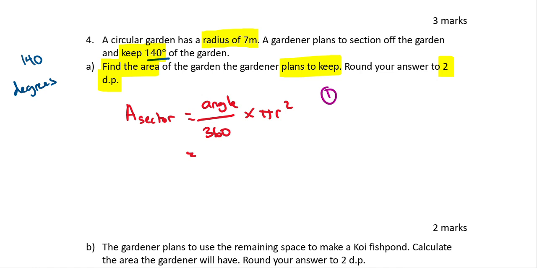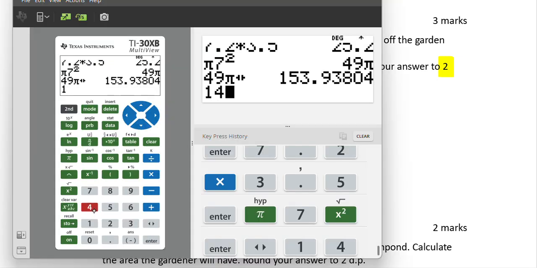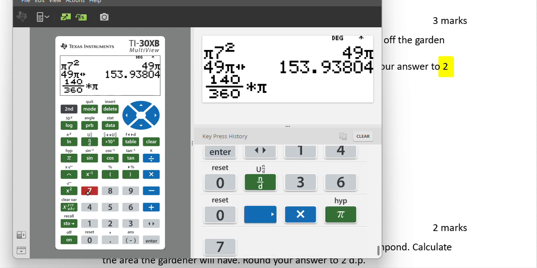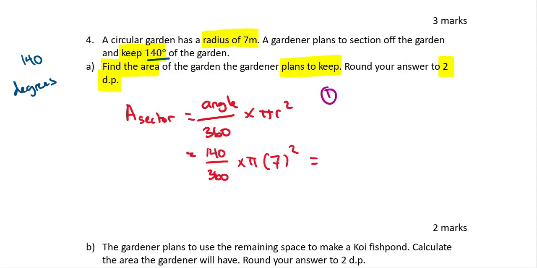We know the angle is 140 degrees. So 140 over 360 times pi, and then we're given the radius already. Radius is 7 meters. And if we type this in exactly into the calculator, it gives me 59.86 meters squared. So that is the area that the gardener plans to keep.